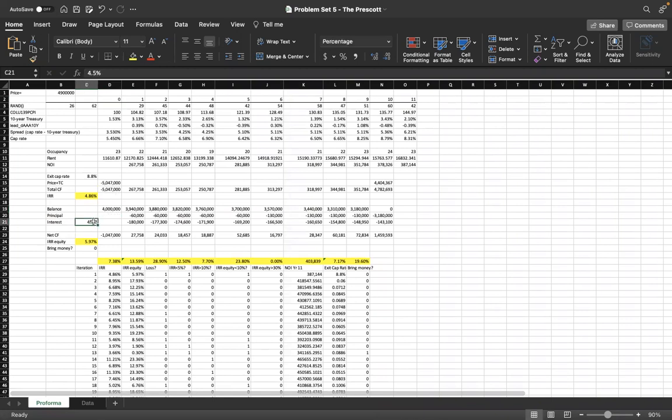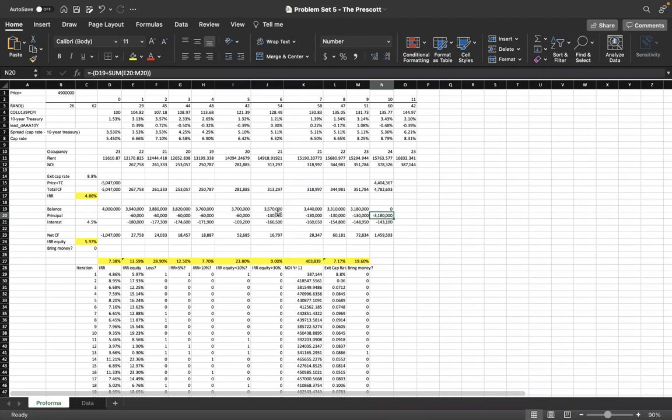Interest rate is 4.5%. And from year 1 to year 5, every year you'll pay $60,000 on your principal. So this is the principal payment row, right? And for the remaining period, you'll pay $130,000, excluding the last one, because year 10 is the last period, the end of your mortgage. So in year 10, you pay all the remaining balance.